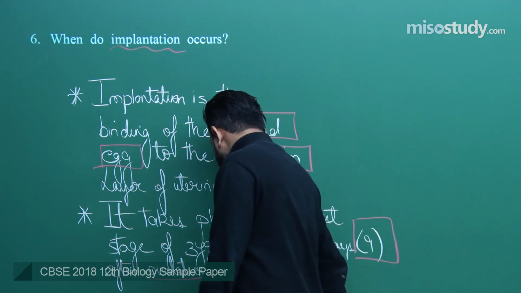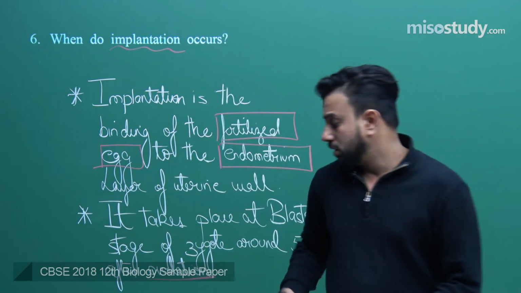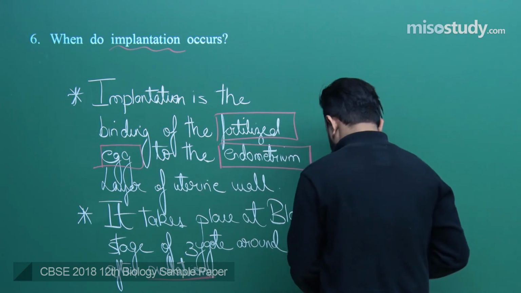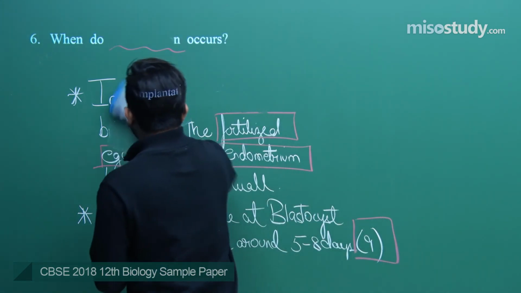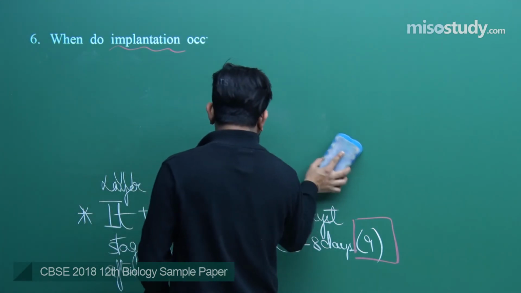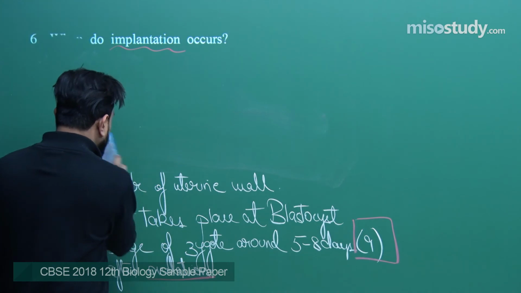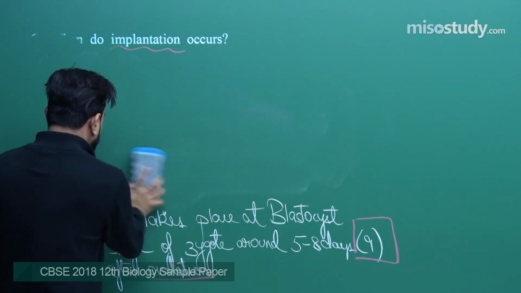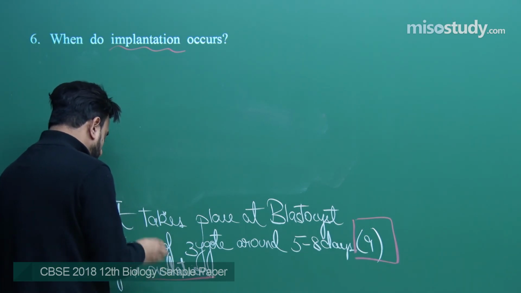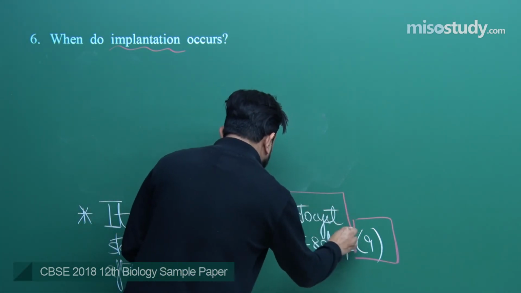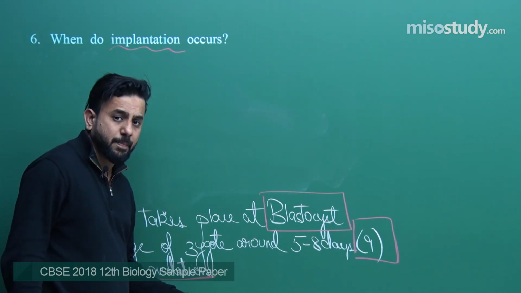So what will be your answer? Only this will be your answer: it takes place at the blastocyst stage of the zygote, around 5 to 8 days, 9 days after ovulation.